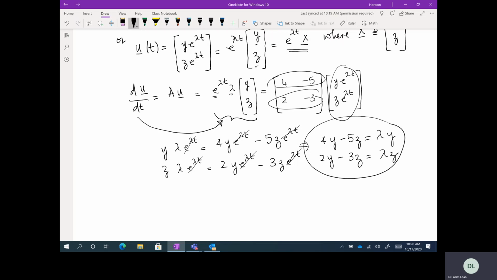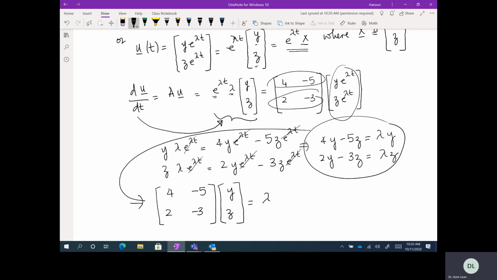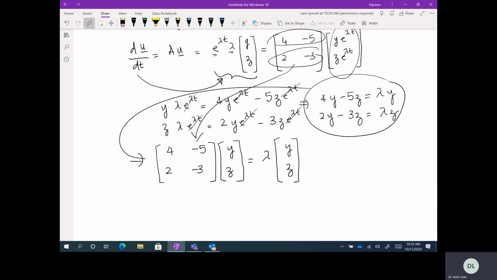If I put this in matrix form, this is 4, minus 5, 2, minus 3, times y z, equals lambda times y z. This is matrix A, this is X, and this is X.